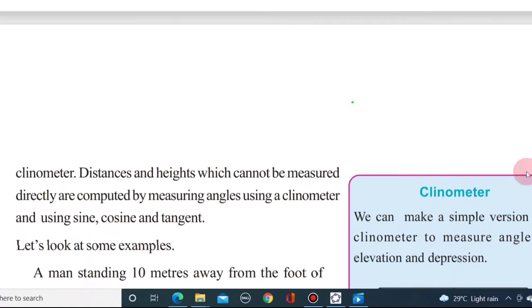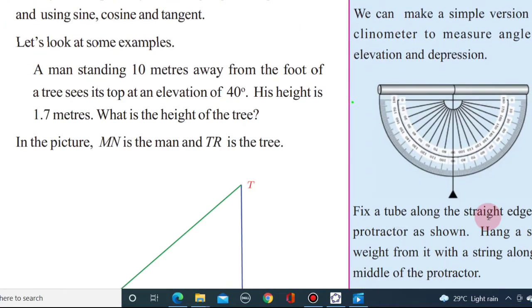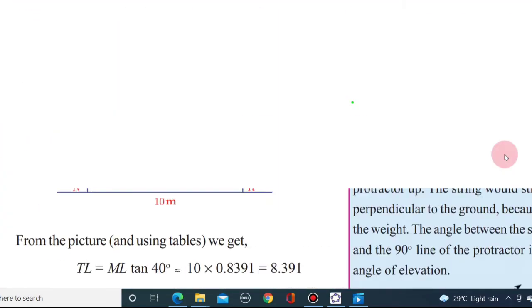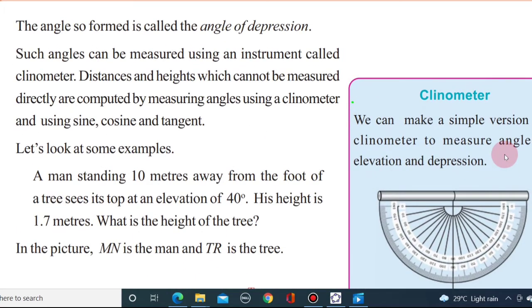It is explained in the textbook, page number 119. If you want, you can make it. Using this instrument, we can measure the angle of elevation and the angle of depression.